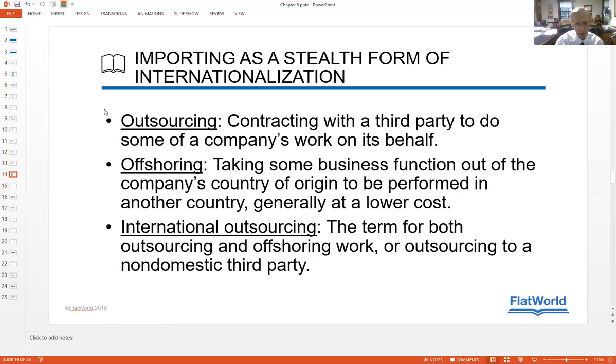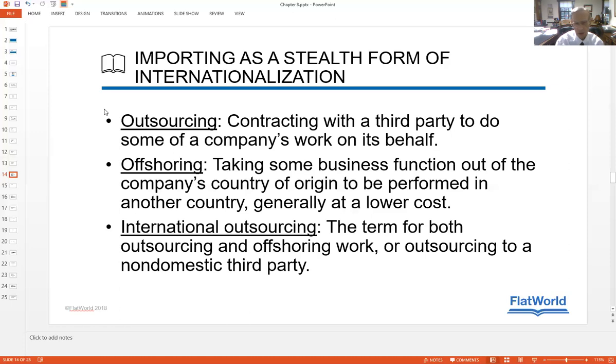And that simply is because it wants to take advantage of proximity to the market, relatively affordable talent, and proximity to other markets, perhaps in Asia.